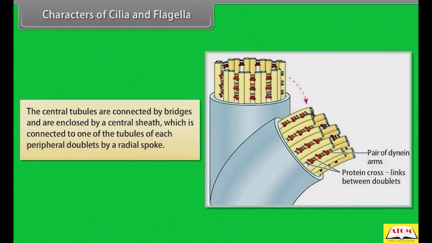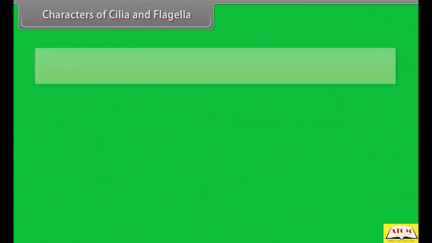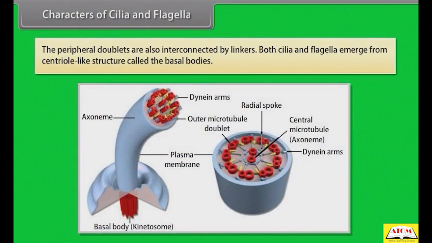The central tubules are connected by bridges and are enclosed by a central sheath which is connected to one of the tubules of each peripheral doublets by a radial spoke. The peripheral doublets are also interconnected by linkers. Both cilia and flagella emerge from centriole-like structure called the basal bodies.